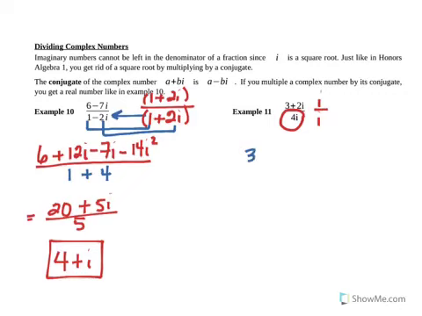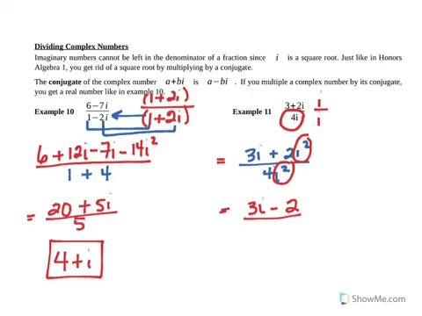So the top is going to become 3i plus 2i squared. The bottom's going to become 4i squared. So now I'm going to turn all these i squareds into negative 1s. That's going to make this problem equal to 3i minus 2 on the top, and on the bottom it's going to turn into negative 4.